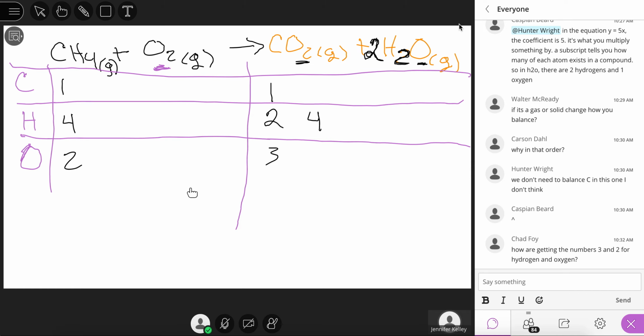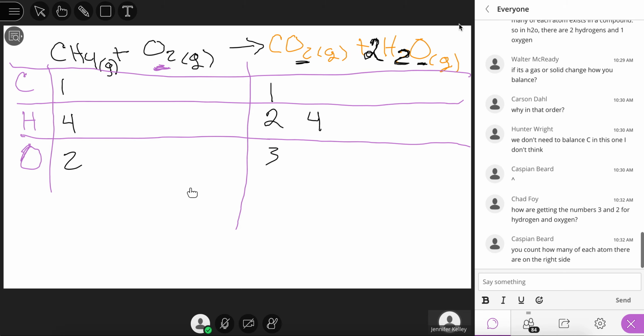I'm getting numbers 3 and 2 for hydrogen and oxygen. Oh, okay. For hydrogen, it was H2, so that caused it to be 2. And for oxygen, I'm just counting up how many atoms there are. So if you look on the left, you see there's a subscript here that's a 2. So that's O2. So there are 2 of them there.